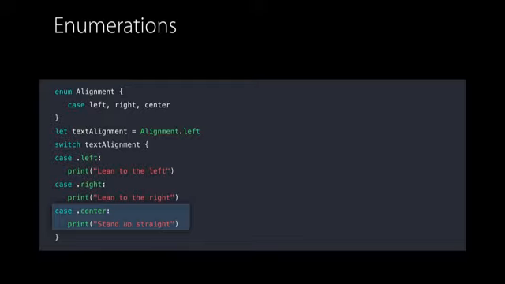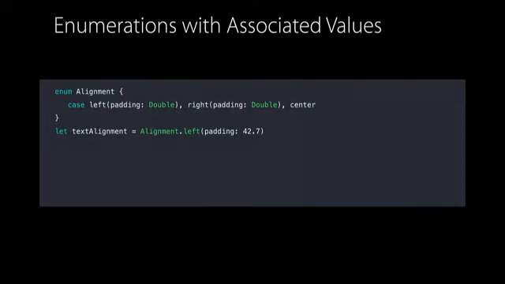Now let's take a quick look at 2 more things you can do with enumerations. You can associate values with each enumeration case. For example, the alignment can specify how much padding to use.